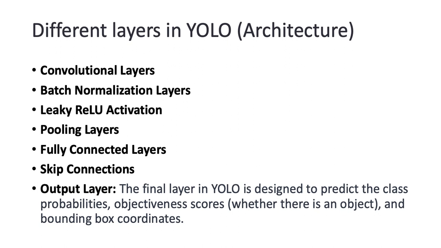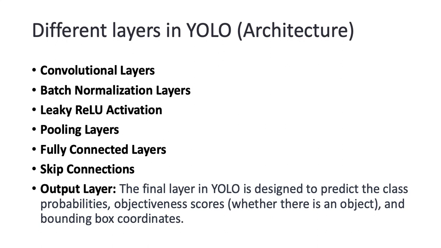Class probabilities means, as I said, YOLO is trained on the COCO dataset, which has 80 objects, right? 80 different objects. Those objects are called classes. For example, let's say YOLO detected some object, and what is the probability of that object being a cat, being a rat, being a person, being a car, etc.? That is called class probability.